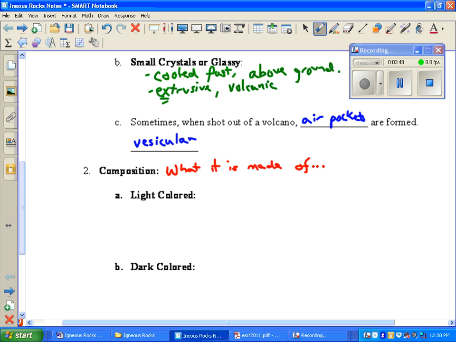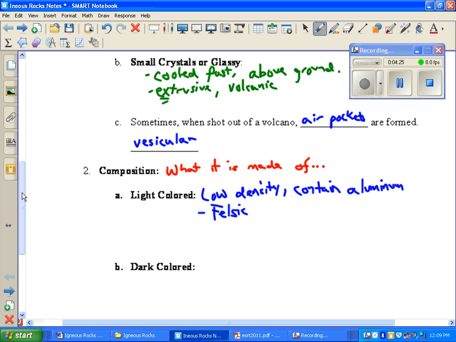All right, and you can tell that by looking at the color. If it's light colored, we know it has the following properties. If it's light colored, we know it's going to be low density. It's going to contain aluminum. And the word for that is felsic.